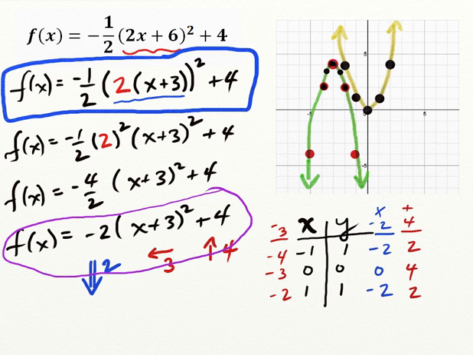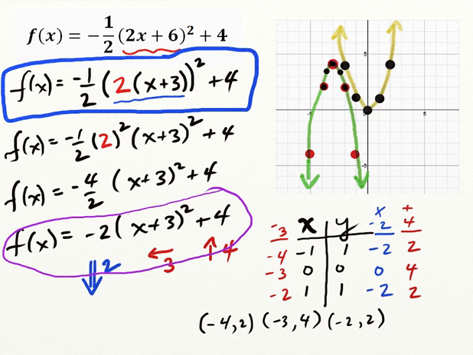That means that this new function, the transformed parent function, should have 3 points at, and I'll just put them sideways so they fit, -4 and +2, -3 and +4, and -2 and +2.